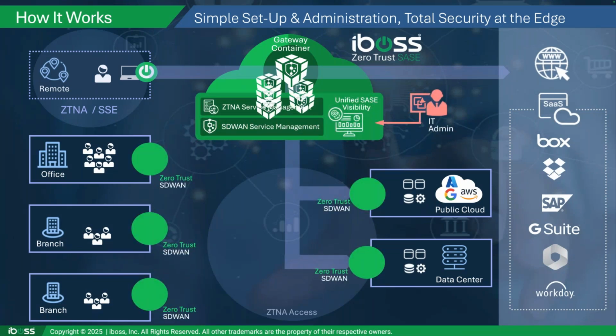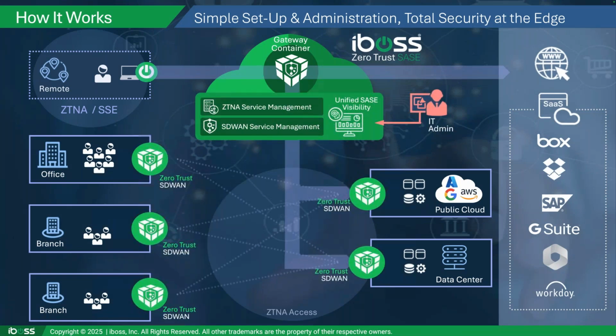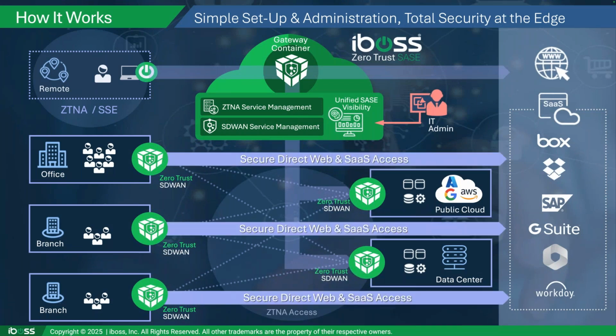So pulling this all together with the other SSE capabilities in the iboss platform means that we can have a very fluid workflow when it comes to any user in any location.